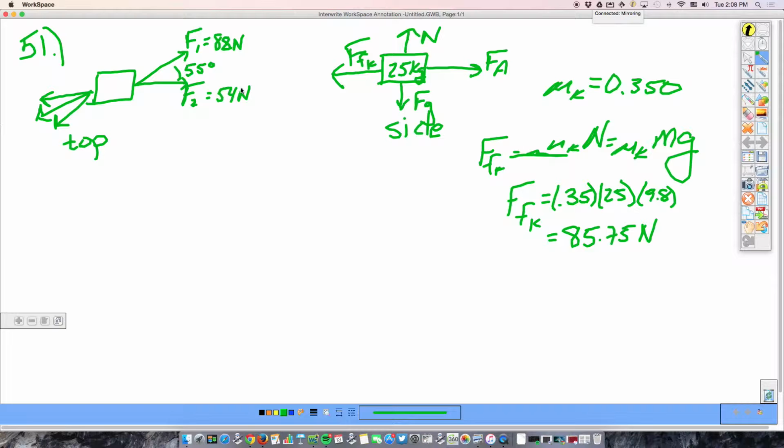The next thing I'll do is look at the components. Let's say that this 54 is along the x-axis. Let's solve to find out what's the resultant of these forces. All right.